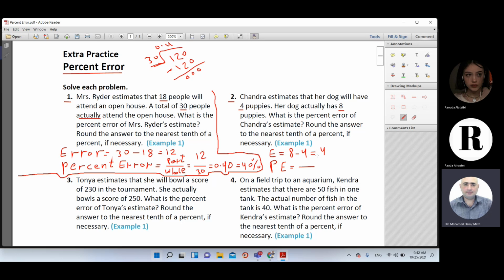Use the rule: the part, 4, divided by the whole. The whole means the original amount, which is 8. So 4 over 8 means 0.5 or 0.50. 0.50 as a percent will be 50%.